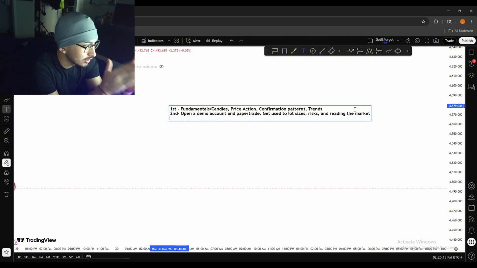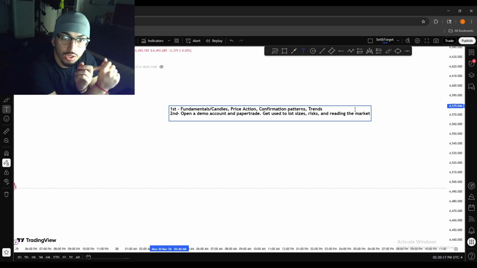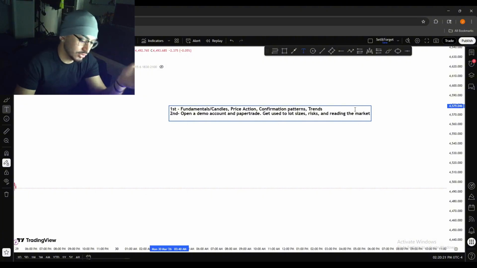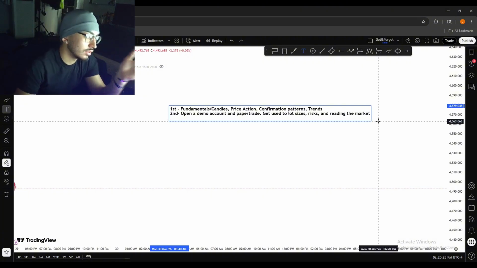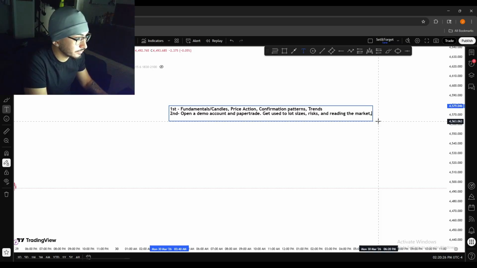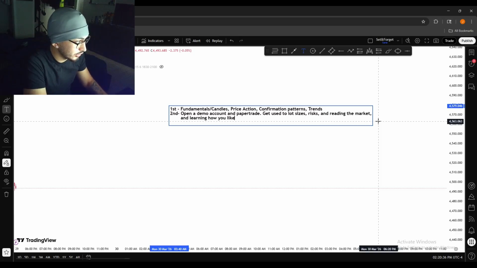Secondly is just opening a demo account and paper trading, just so you can get used to opening a trade, whether it's a sell or buy, reading the market, and so on, and also learning how you like the charts.